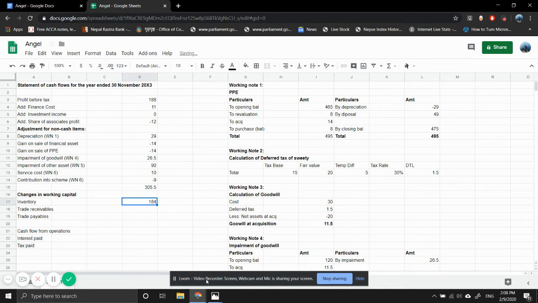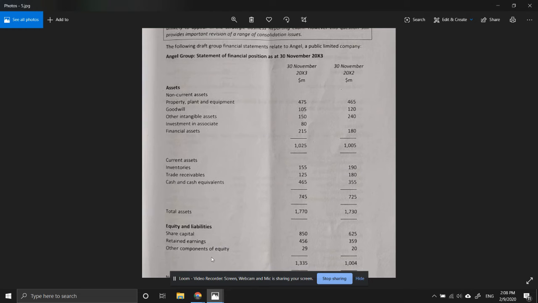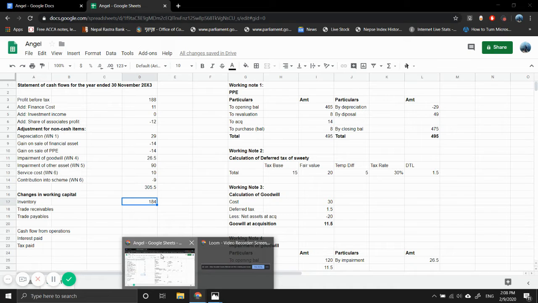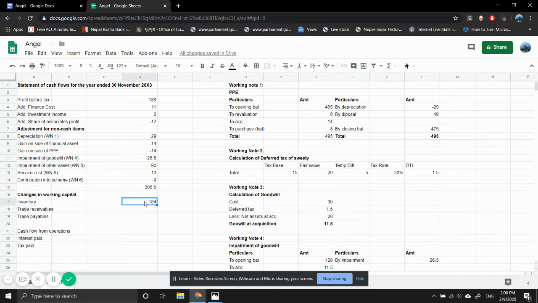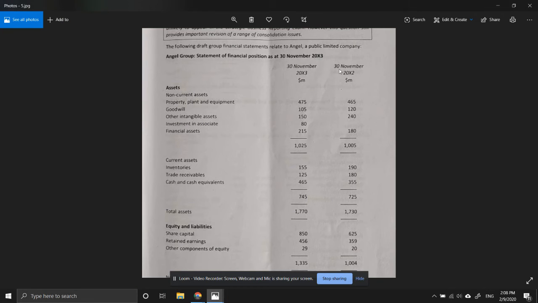So 184 is our actual comparable figure, and then it has gone down by 155. So there will be a positive inflow, right? So minus 155. Now this is not included in this figure. That's why I need to add it up, because this is for the closing year, and we acquired it only on the next day, right? So it's not included within this figure. That's why I'm adding it up.